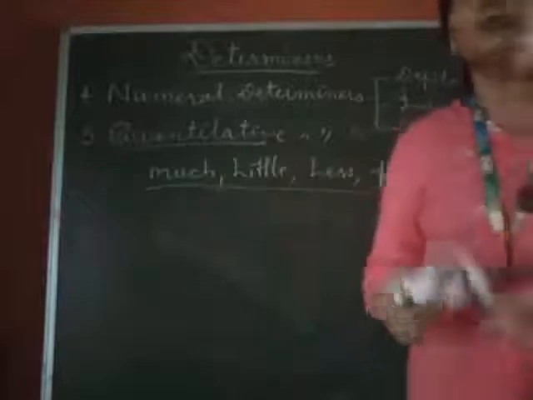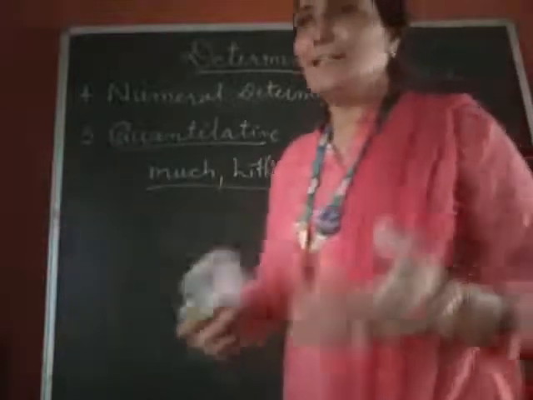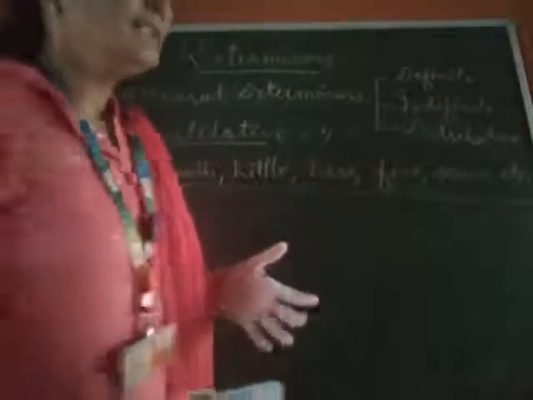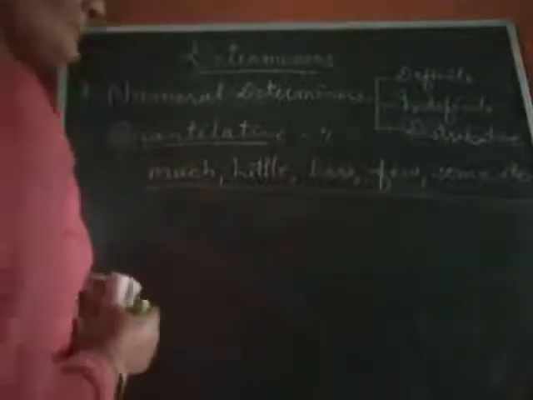There are so many words remaining. These are the words which show the quantity of that object, that noun. These are called quantitative determiners. So dear students, these are the types of determiners.